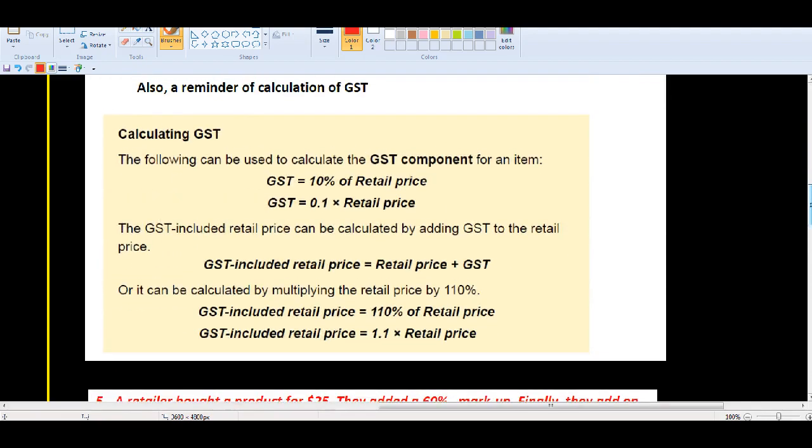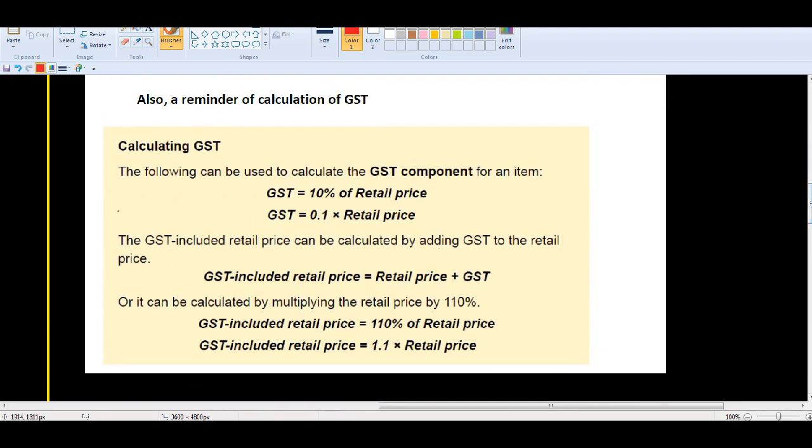Do you still remember how to calculate GST? GST will be 10% of the retail price, of course the pre-GST retail price. After you get the GST, the GST-included retail price will be the retail price plus the GST.